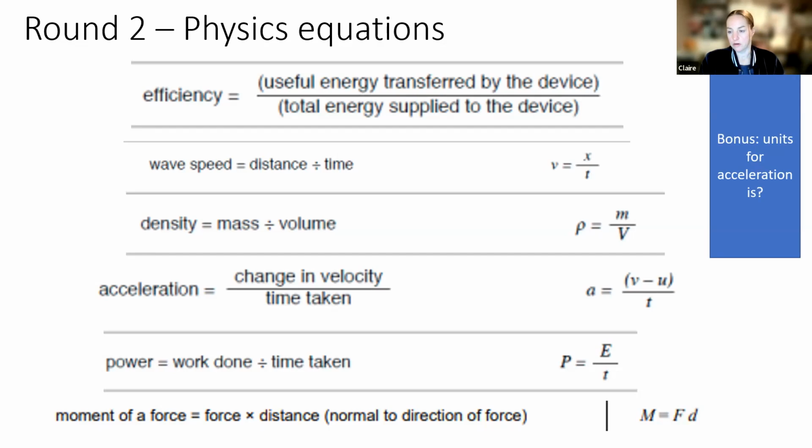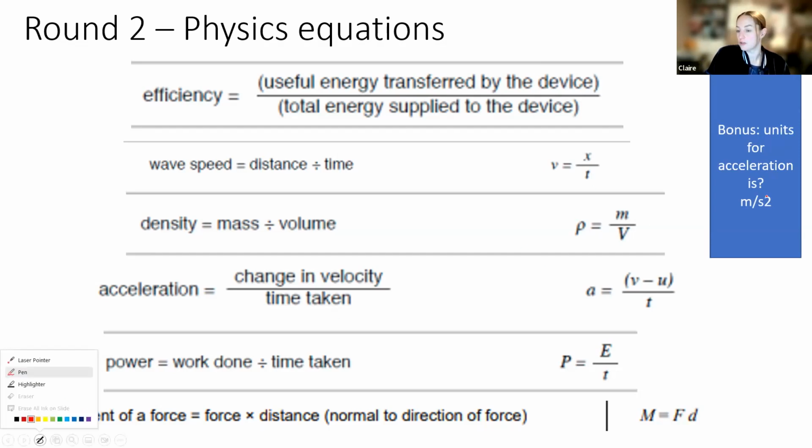Please excuse the typo on this. It is meters per second squared. So if I can just correct that, it should obviously be meters per second, with the little squared at the top. I don't know how to do that typo for that, but yes, hopefully everyone was good with that.